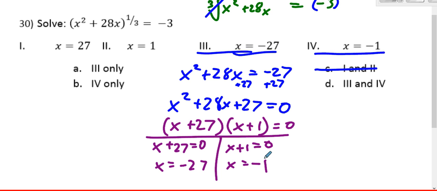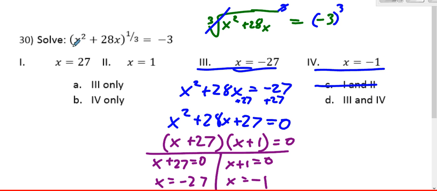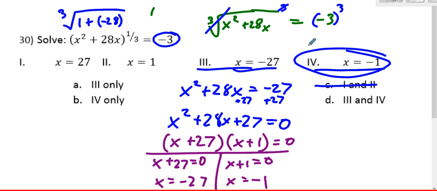So when you plug in negative 1, negative 1 squared would be 1, plus 28 times negative 1. And that's all inside the cube root. So we have negative 27 inside the cube root, which is negative 3. So that one works.